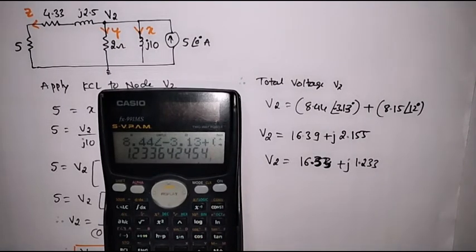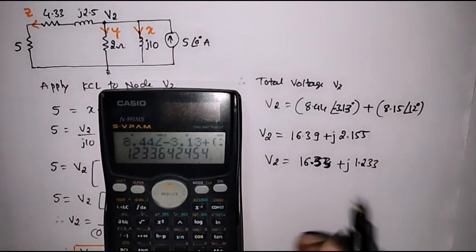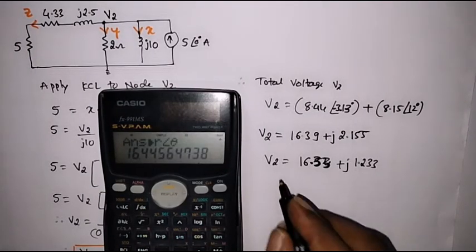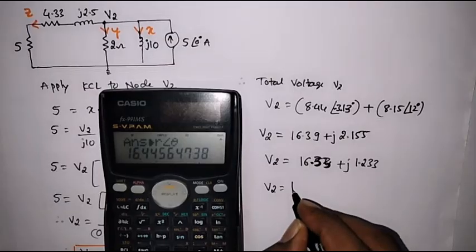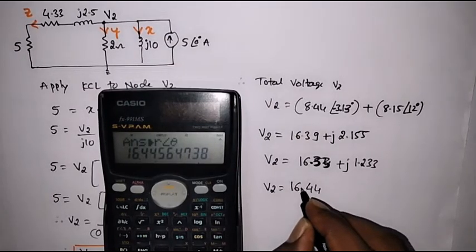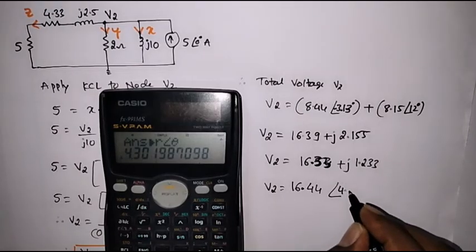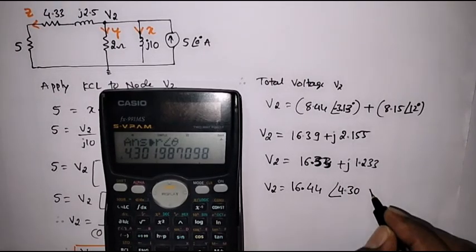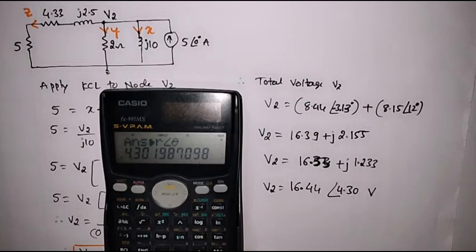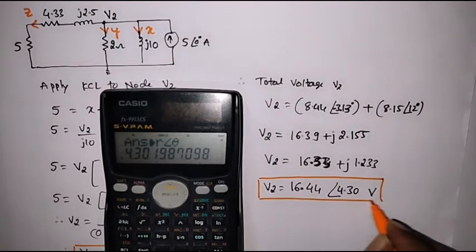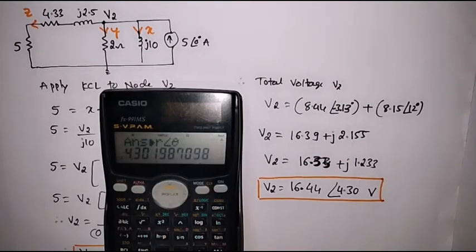Convert this into polar form, that is shift R angle theta, it gives V2 is equal to 16.44 at an angle of 4.30 volts. So this is the total voltage V2 at node 2. It is solved using superposition theorem.